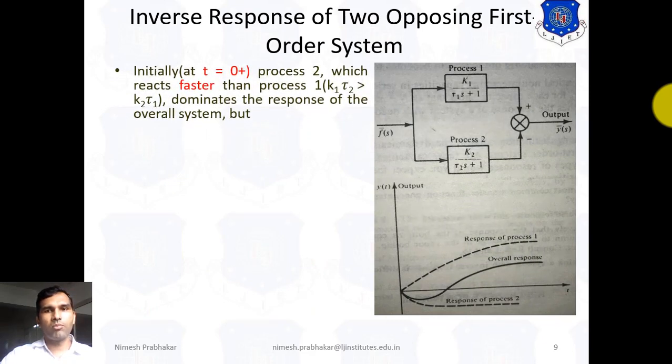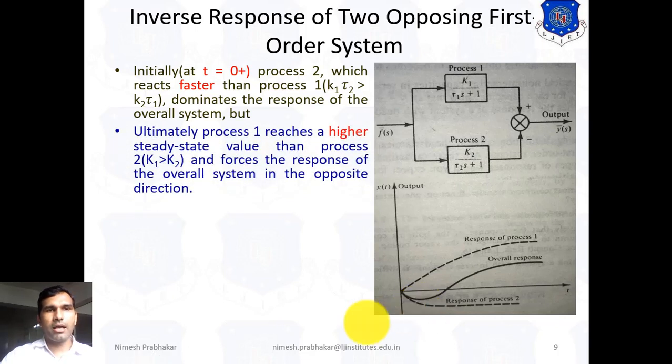here from this graph we can conclude that initially, at t equals 0 plus, process 2, which reacts faster than process 1, dominates the response of the overall system. That means here it indicates the negative response initially.